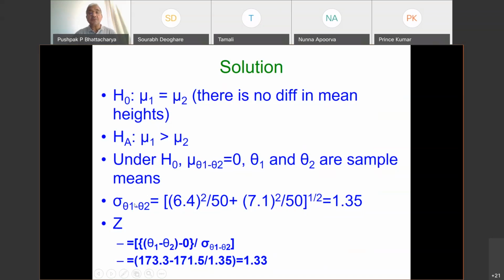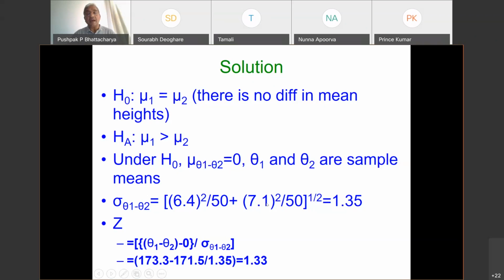Now, the standard deviations we know, or rather the variances, get added up by the central limit theorem. 6.4 was the standard deviation for male athletes, so 6.4 squared divided by the sample size is the variance for the athlete population.